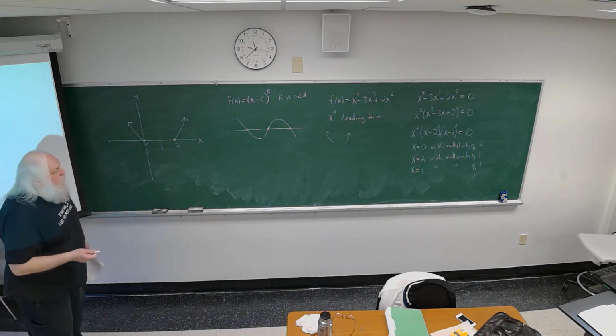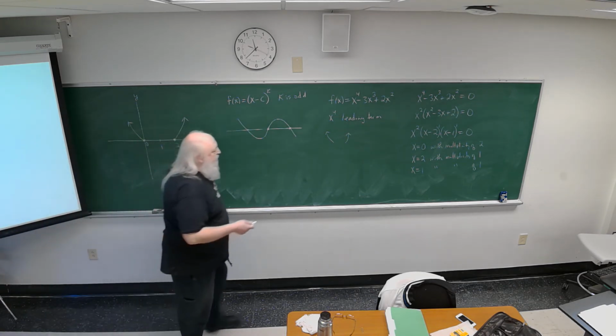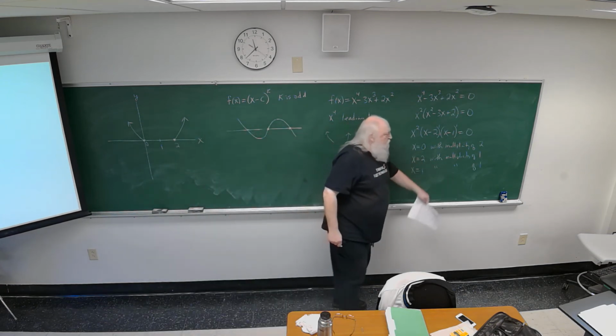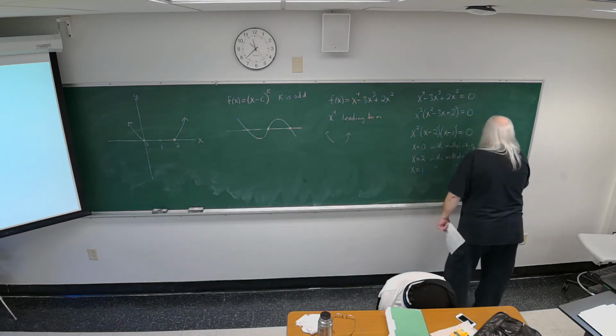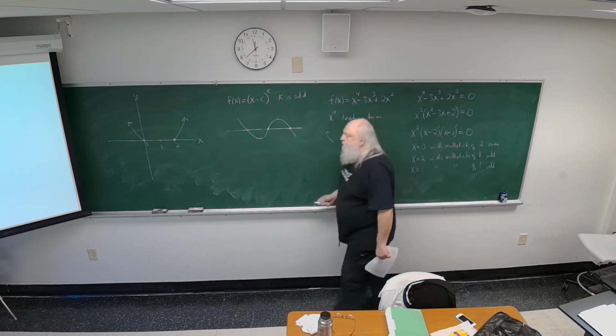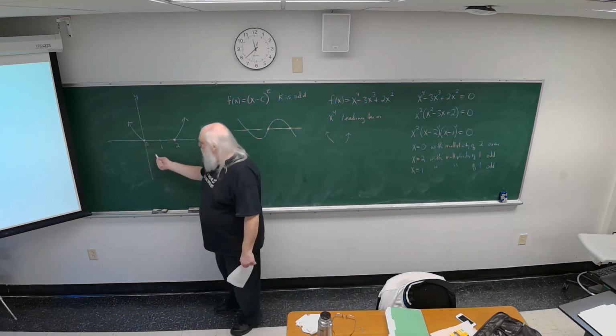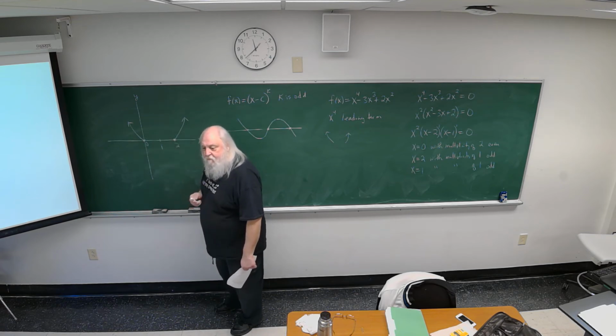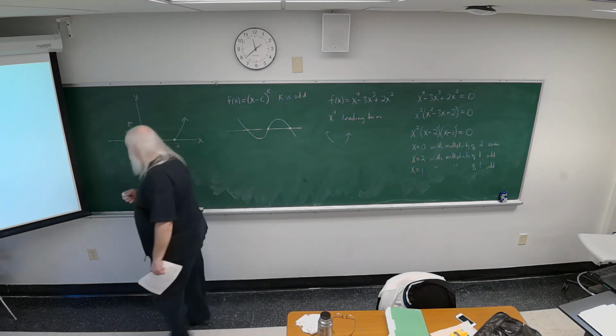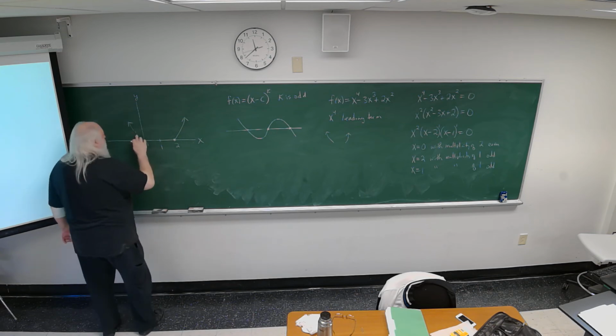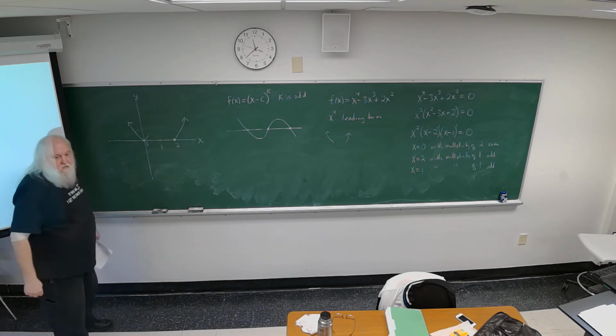Now, the multiplicity is even at x equals 0. So at x equals 0, does the graph cross the x-axis, or does it touch it and go back up? It goes back up. So it comes down and you have a turning point at x equals 0.